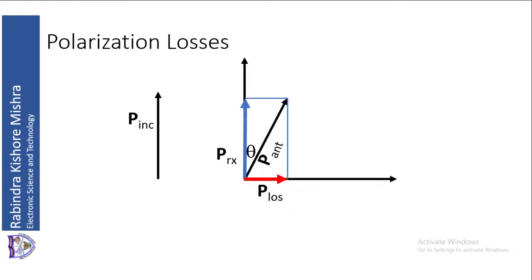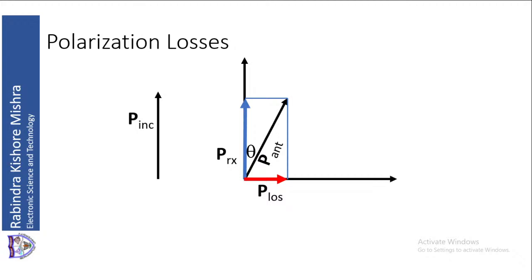But if the antenna is slant, not oriented along the power incident onto the antenna, then there will be a problem because it will not intercept all the power coming towards the antenna. Only a portion of the power will be intercepted, so it will receive less power. Although the incident power is P_incident, the antenna will receive only P_RX. P_RX will be less than P_incident by a value P_loss. The other amount is P_loss, that is lost.